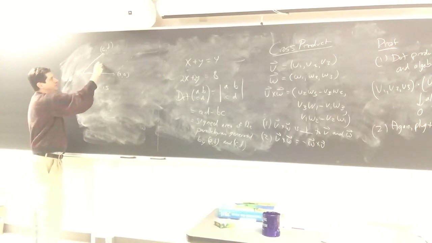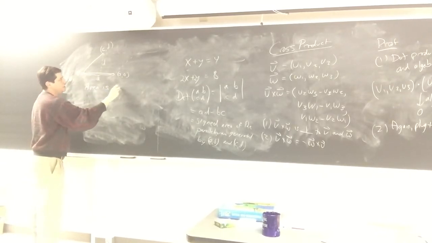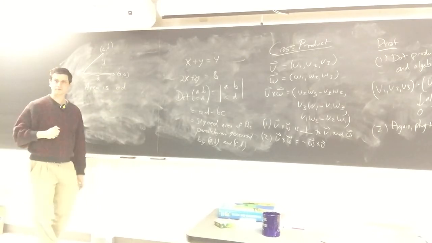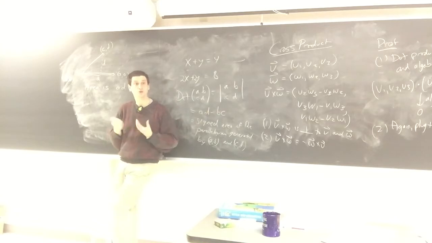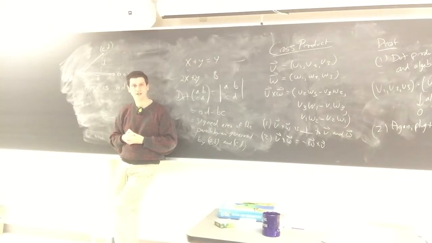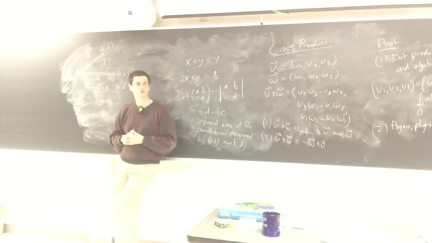Yeah, the height is just d. The base is just a. So the area is just ad. So our claim that it's ad minus bc still looks reasonable. It's giving us the area in the special case of a parallelogram where one vector is oriented along the x-axis.